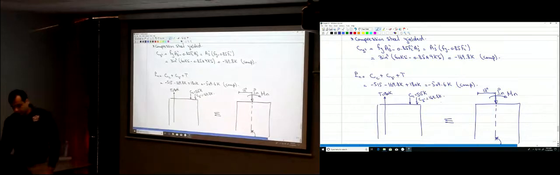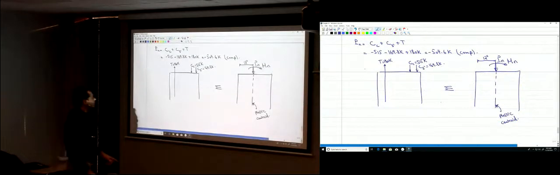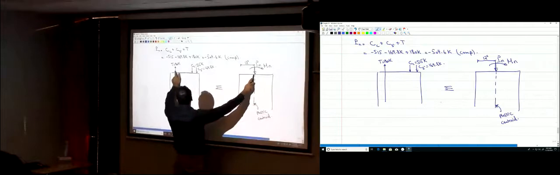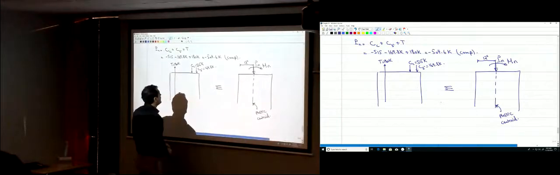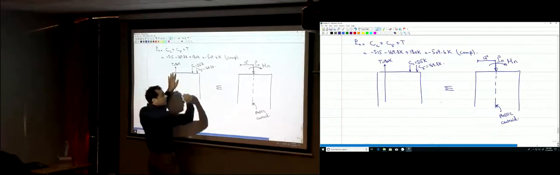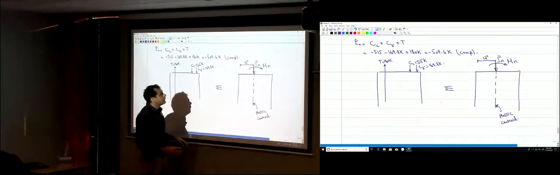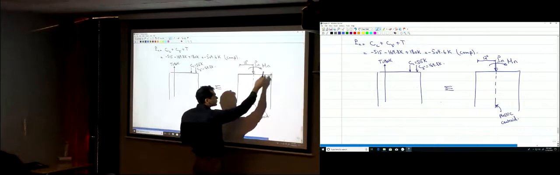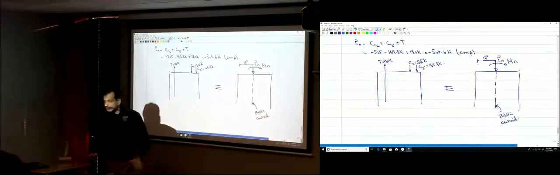So simply we said the moment of those forces about any point you choose is equal to the moment of Pn and Mn about the same point, okay?